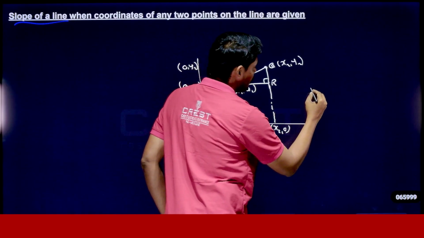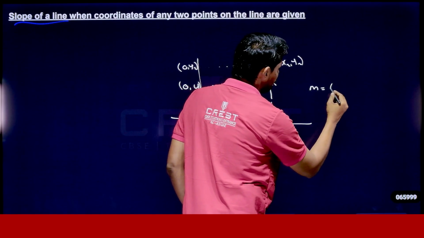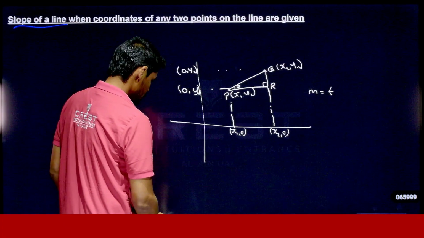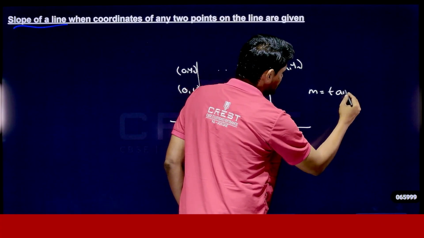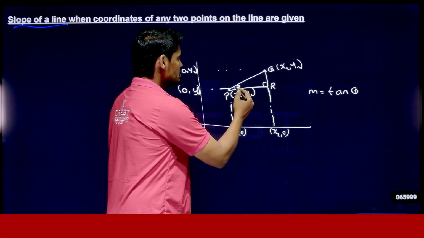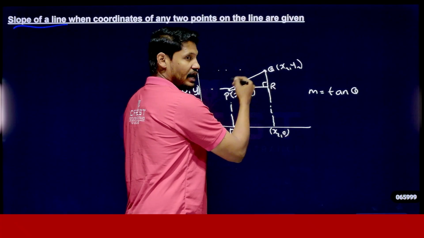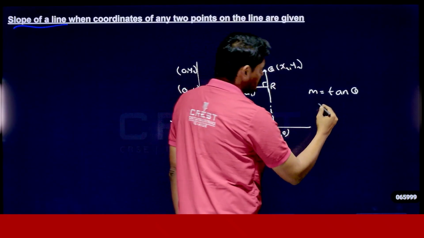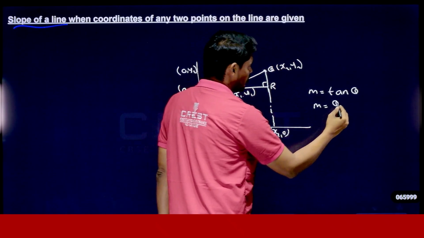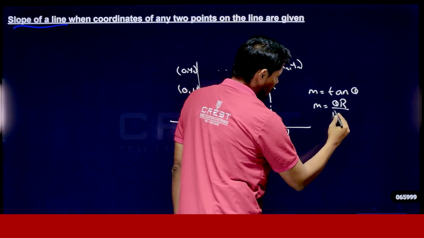What is m equal to? We have the equation m equal to tan theta. And what is tan theta? We know that it's opposite by adjacent. Opposite means m equal to QR, that is the opposite side, and the adjacent side is PR.